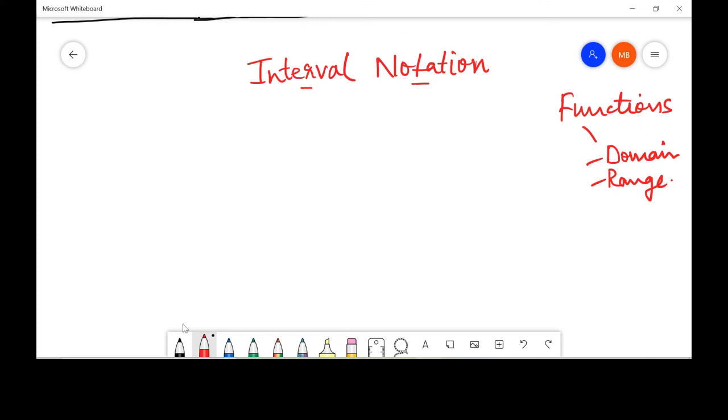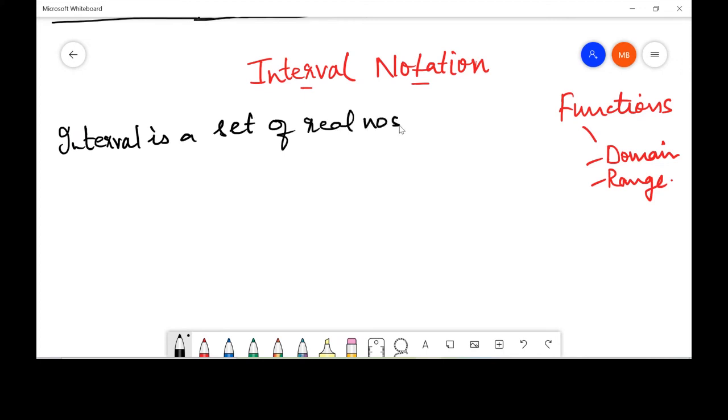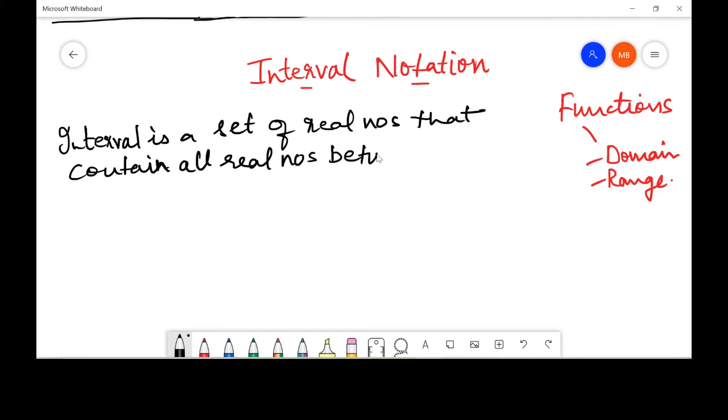So in mathematics, we say that an interval is a set of real numbers that contain all real numbers between them.